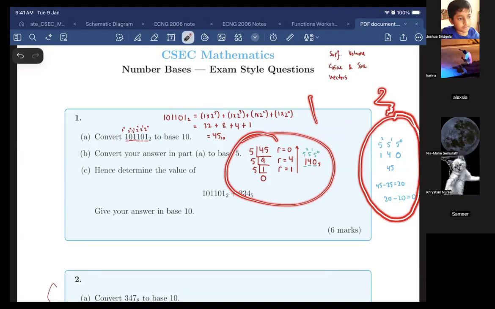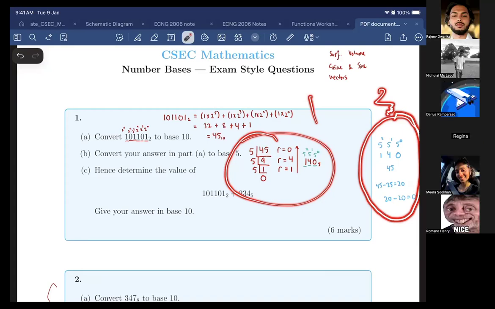Would it work for every single thing? Yes, it works for everything. Maybe you could say all who want to do one raise their hand. How many people want to do one?